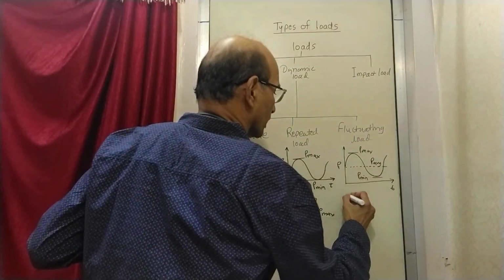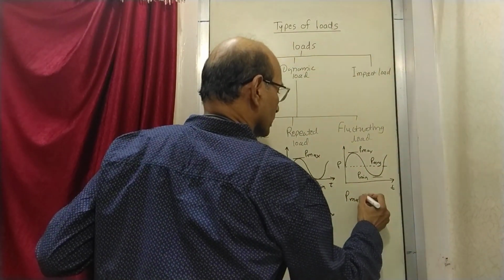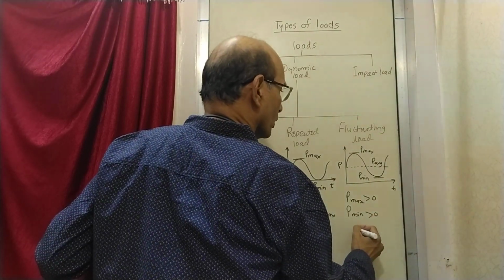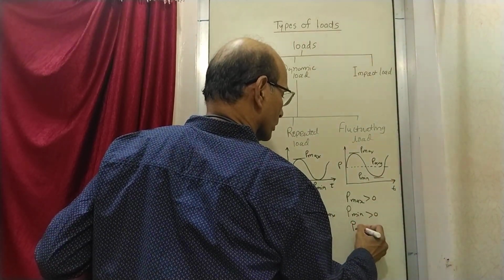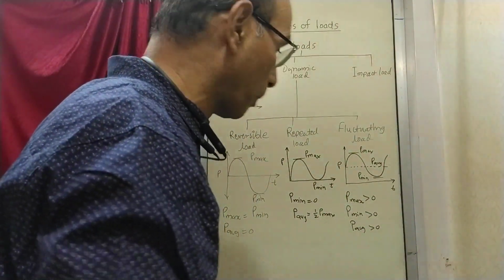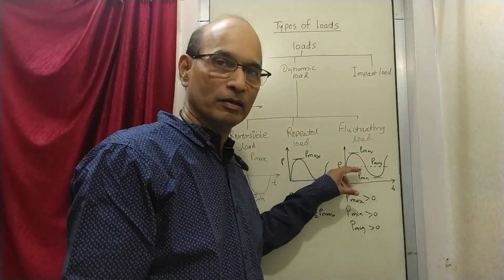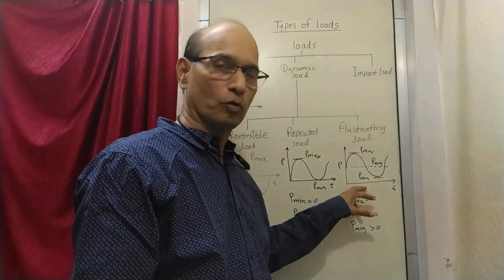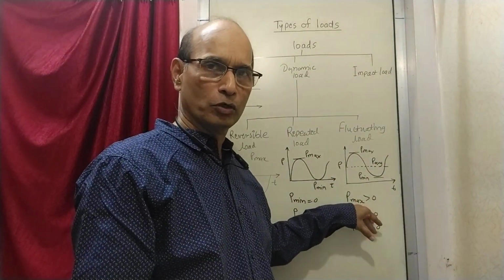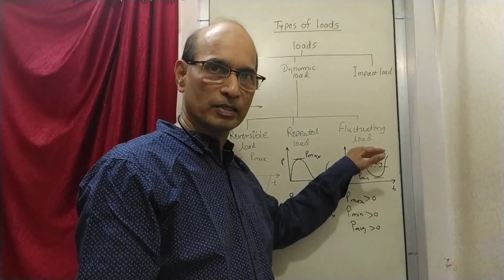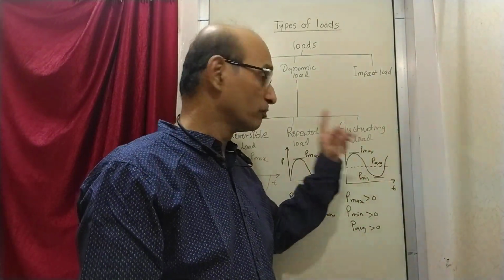You can see here that P max is more than 0, P minimum is also more than 0, and P average is also more than 0. So everything is on one side. That means the part is always loaded. Only the amount of load keeps on changing, but it never happens that the load is 0 or the opposite load. So the load exists all the time, but it is fluctuating in nature. That is called a fluctuating load.